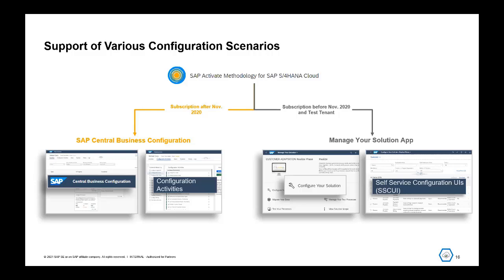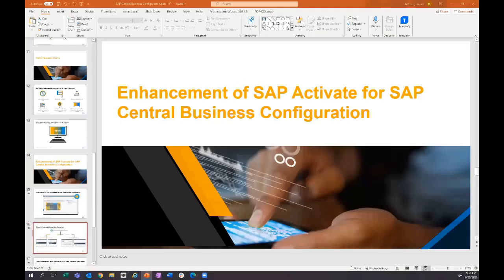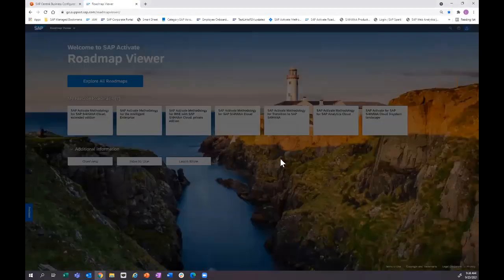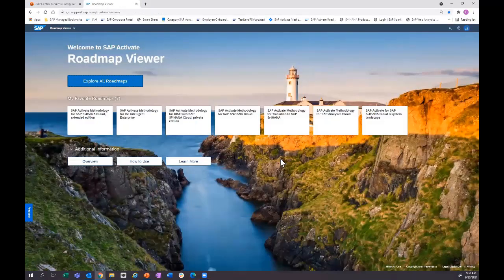So these 2 scenarios are specific to the S/4HANA Cloud implementation roadmap, whereas the S/4HANA Cloud 3-system landscape only has 1. With that, I will go ahead and demo how you can find this information in the SAP S/4HANA Cloud implementation roadmap and how you can find the Central Business Configuration content there.